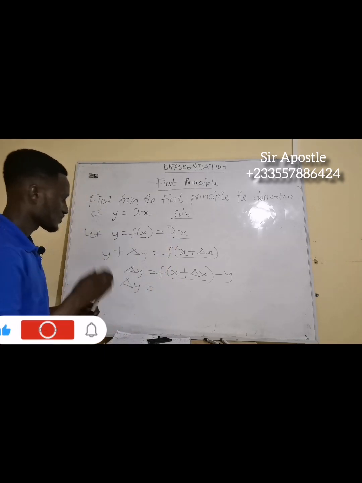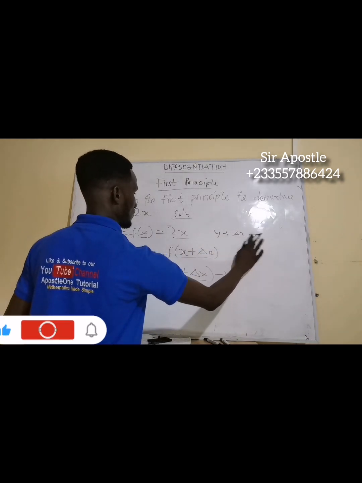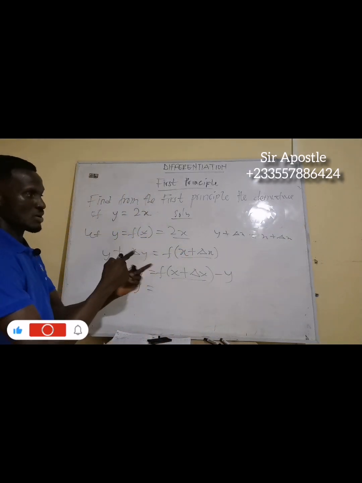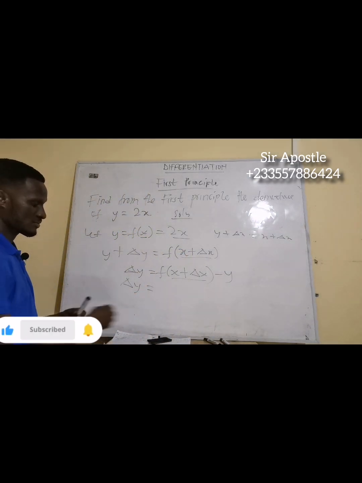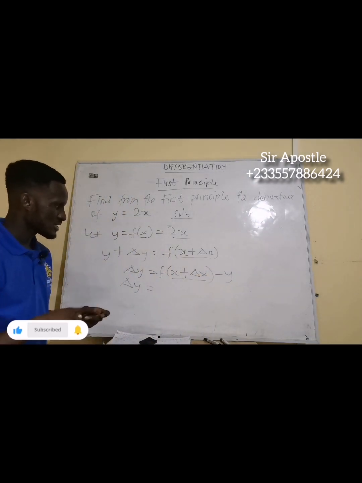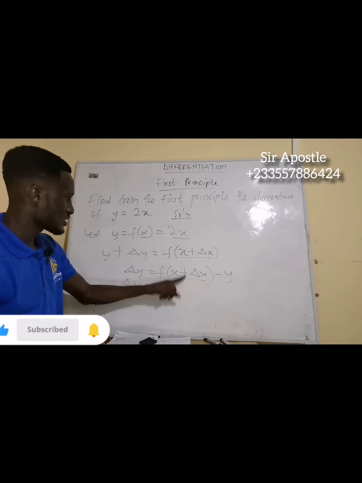Understandable? Now some people will write it like this: x plus the change in x. Once someone uses this particular method, it's the same thing. Now at this particular point, it means that the x here is the same as x plus change in x, so I have to use this one to replace this.